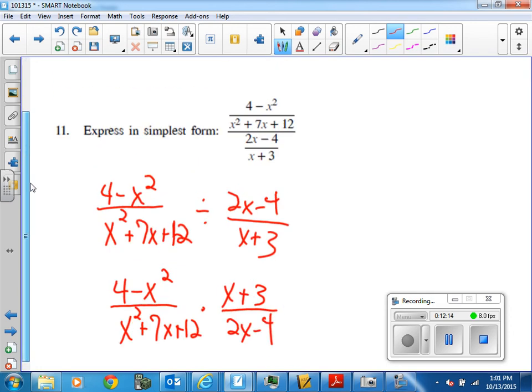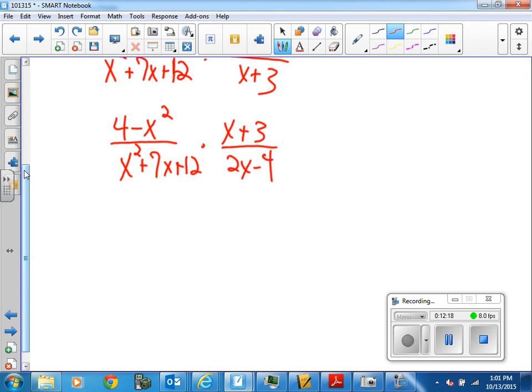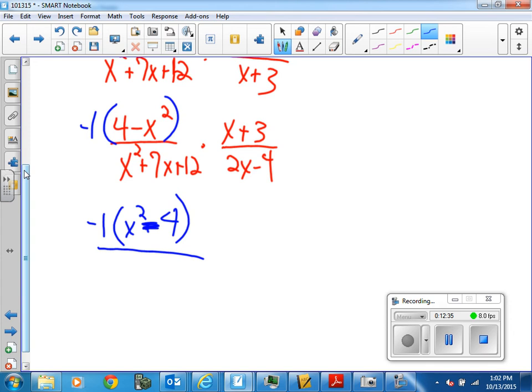Alright, now I'm going to go ahead and start to factor. It might be helpful for this one to factor out a negative 1. If I do factor out a negative 1, I'm left with x squared minus 4 over x squared plus 7x plus 12.